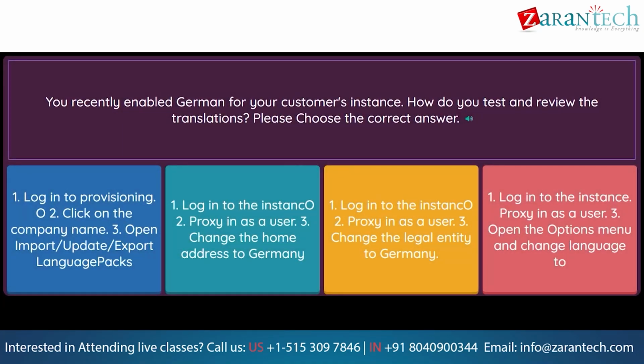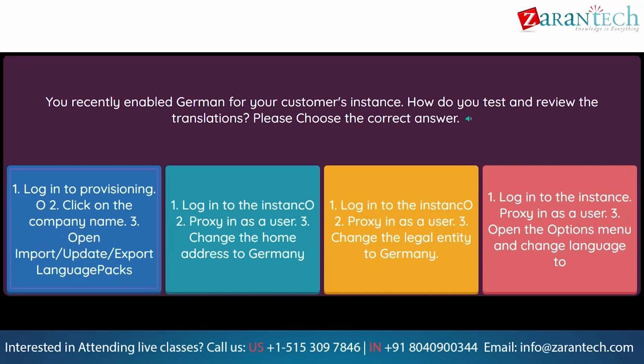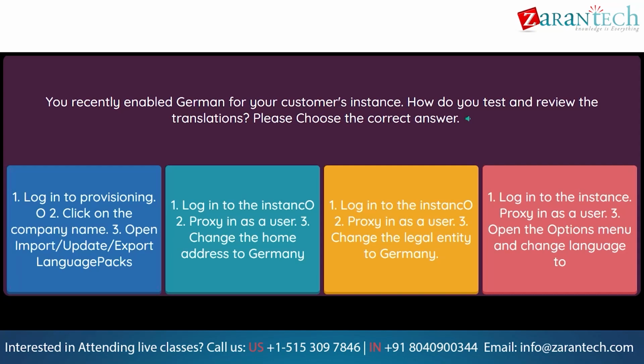Question: you recently enabled German for your customer's instance. How do you test and review the translations? Please choose the correct answer. Option 1: log into provisioning, click on the company name, open import/update/export language packs.